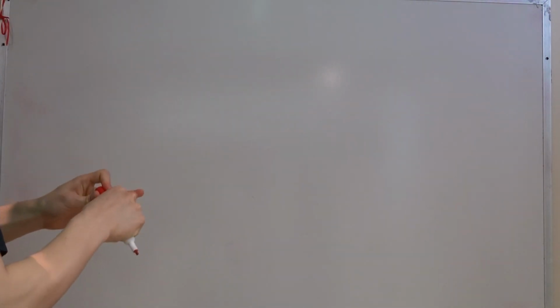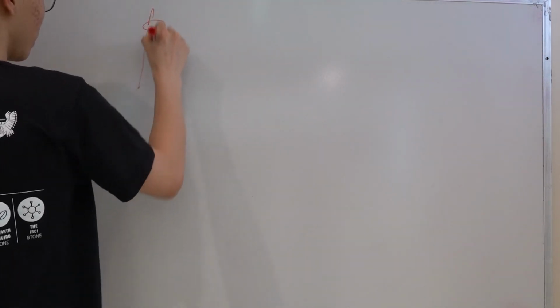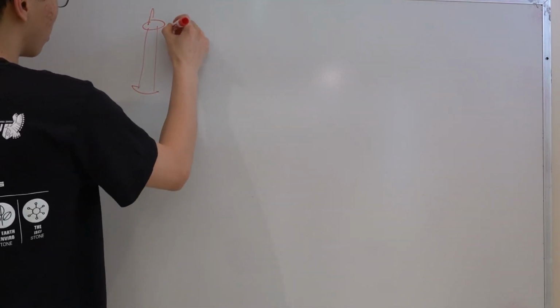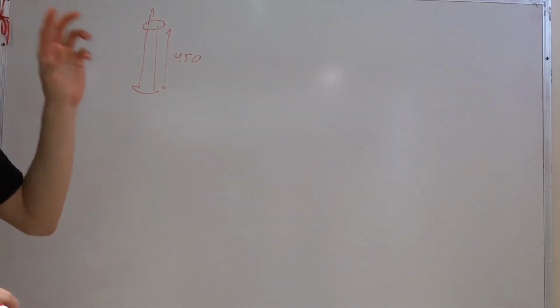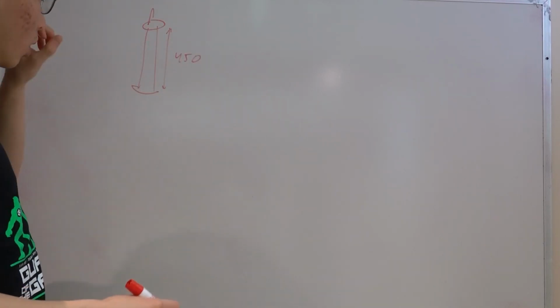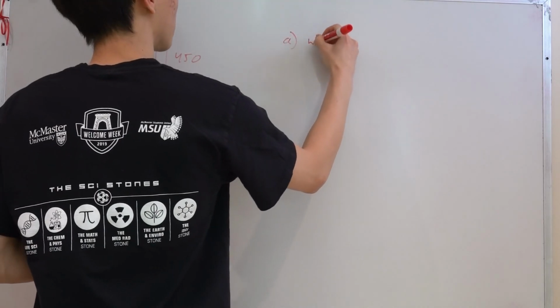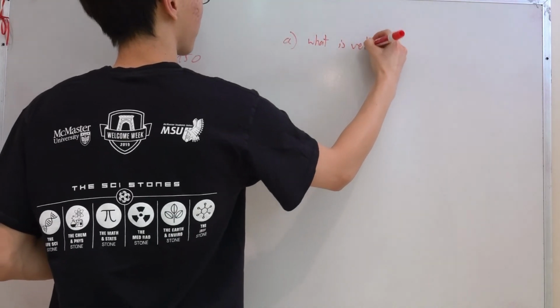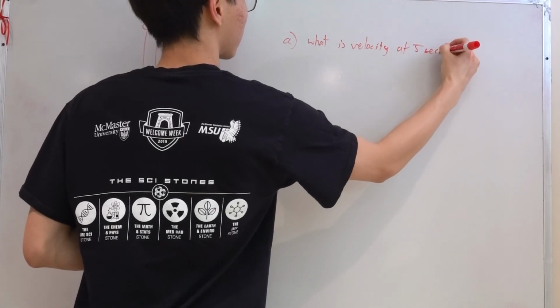So basically the situation is this. You're standing on top of a tower, okay? And the tower is 450 meters tall. You stand on top of the tower, you drop a ball, and you want to know a couple of things about the ball. The first thing you want to know is what is the velocity at 5 seconds.